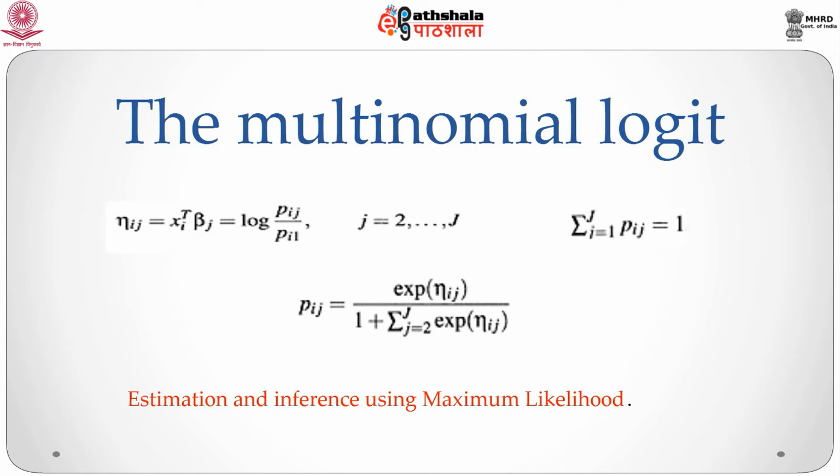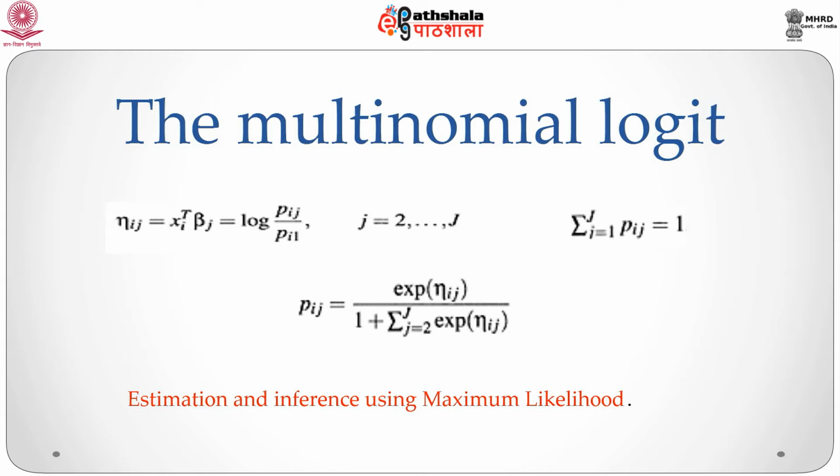That is, we want to see how category membership is influenced by the covariates. So to begin with, let us define the linear predictor as we did for the binomial situation as eta ij equal to xi prime beta j.